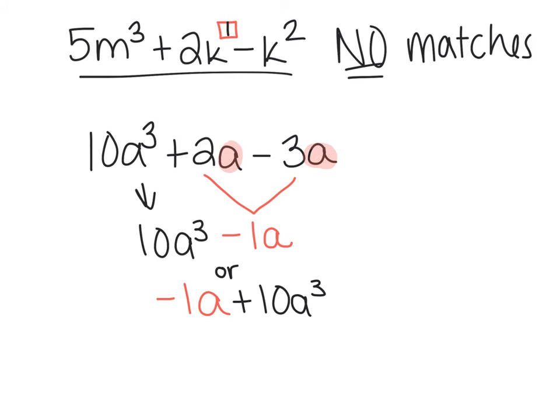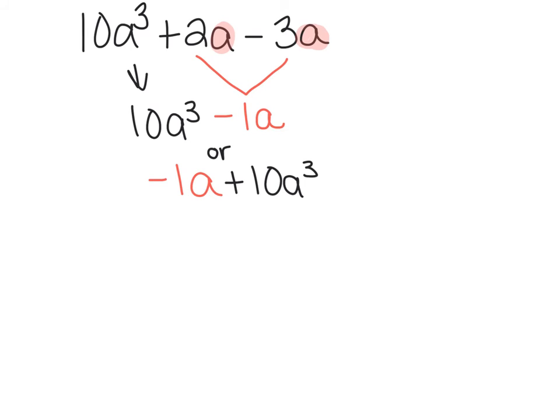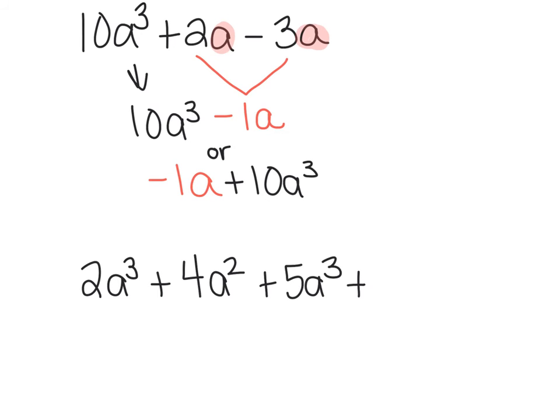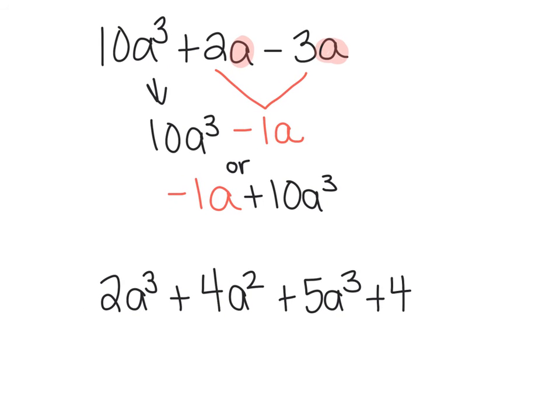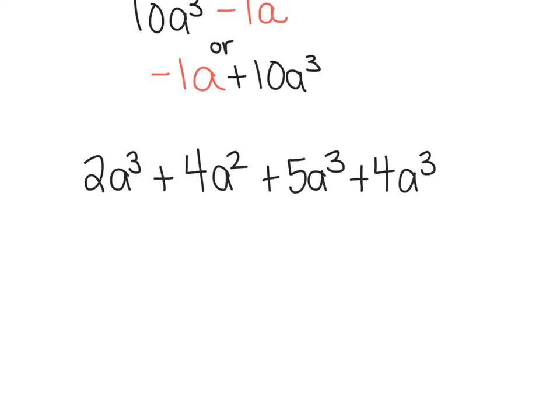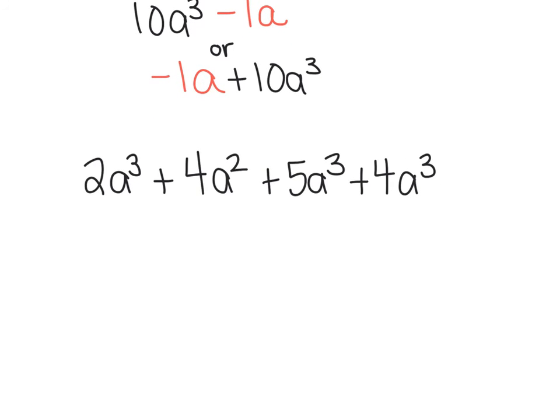All right, let's try one more here. We're going to do 2a to the third plus 4a squared plus 5a to the third plus 4a to the third. This one's a little longer, but we can still do it. All we have to do is match up our bases and exponents.